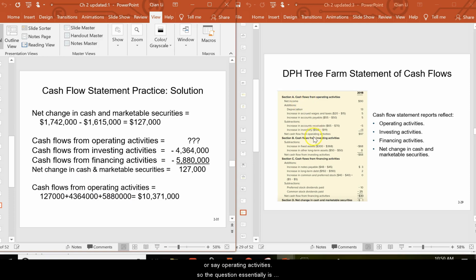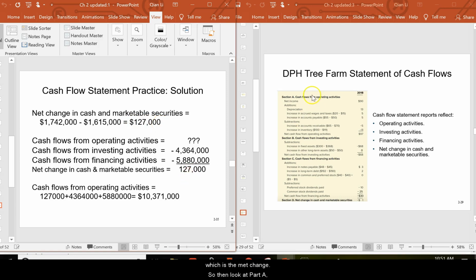The question gives you the information about cash flow from investing activities and financing activities. You can also find out the net change in cash if you look at the beginning of the year and the end of the year. So you find the difference, which is the net change.